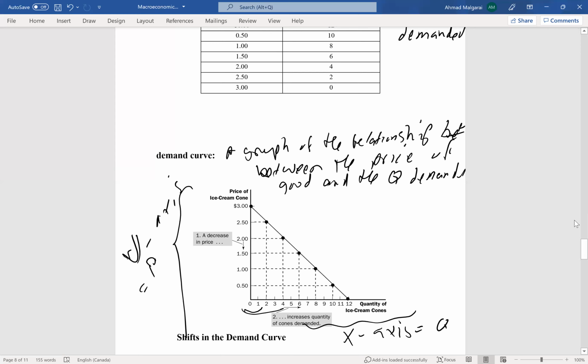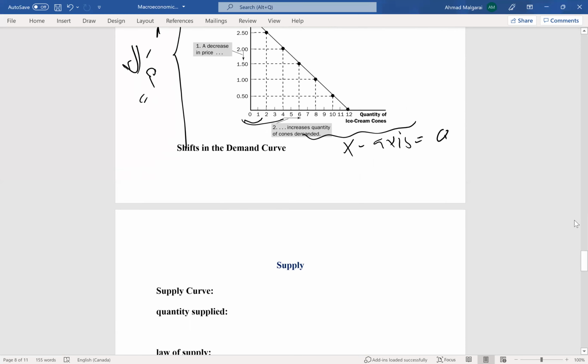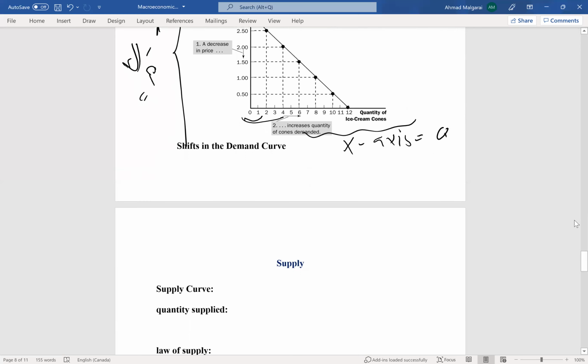Now, shifting a demand curve. The demand curve shows how much a consumer wants to buy at any price, holding constant many other factors that influence buying decisions.